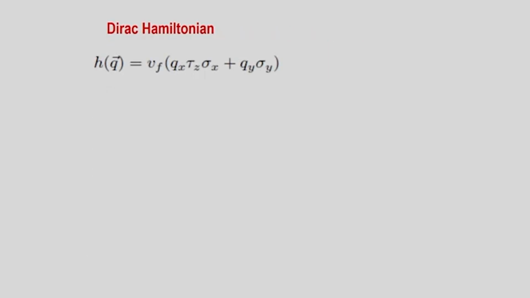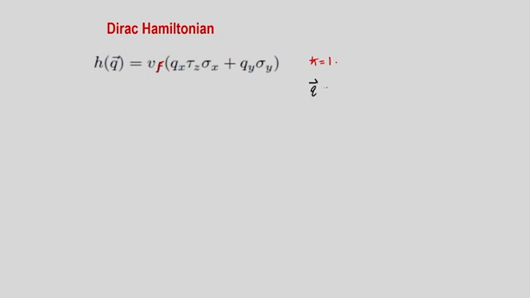So, we come back to the Hamiltonian for graphene, and the Hamiltonian looks like this. I have taken h cross equal to 1, and vF, which you can write as a capital V F, corresponds to the Fermi velocity. qx and qy are small wave vectors, where we usually represent the wave vectors by k.